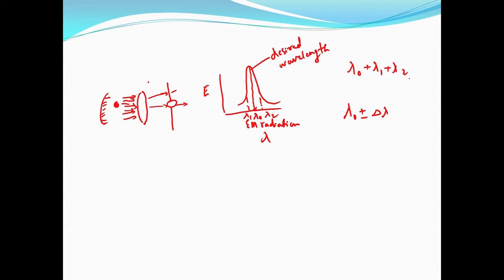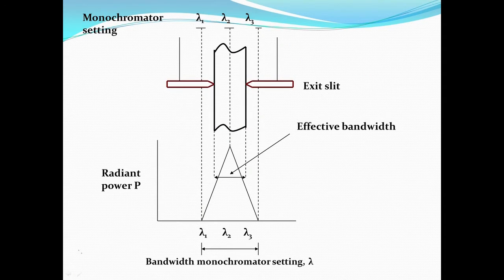So, this is what I was trying to show you in my last slide. In this figure I have shown the same thing as lambda 1, lambda 2 and lambda 3, and you will always end up with a bundle of wavelengths which has the maximum peak at what you desire, let us say 430, but then you have to add delta lambda to that.